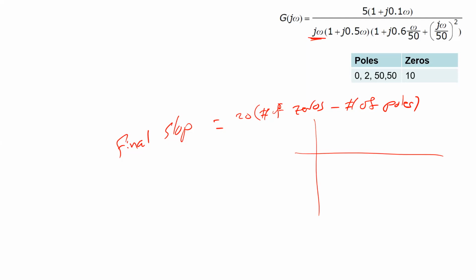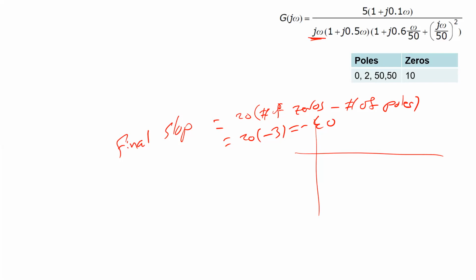Remember, in the root locus, we were calculating how many asymptotes, the difference between poles and zeros. And here, the same thing. So in this case, how many zeros do I have? One zero. How many poles? 4 poles. So I will have 20 times minus 3, which is equal to minus 60. The zero contributes positive, and the poles contribute negative.